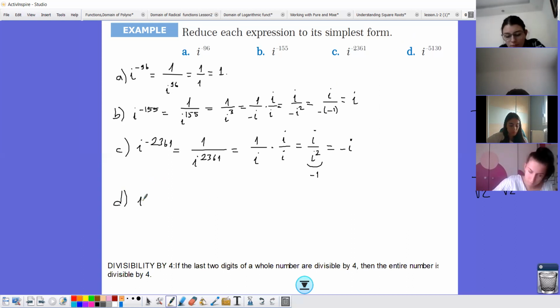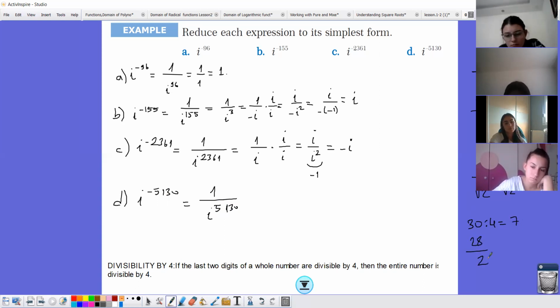What about the last one? Elsa, look, because it's a negative power, we are using this property, and I'm writing 1 over I to the power of, without minus, 5,130. As the divisibility rule by 4, only the last 2 digits we are taking. 30 divided by 4: 7 times 4 is 28, and the remainder is 2.